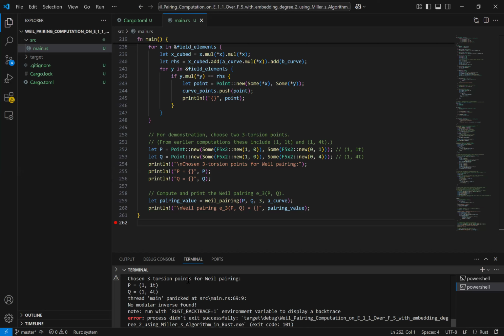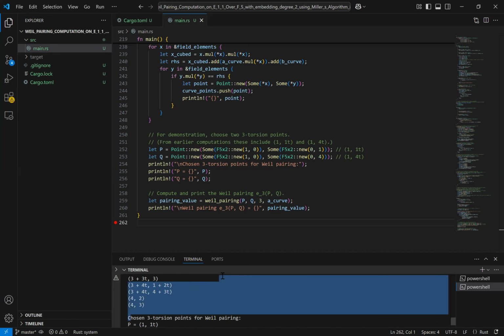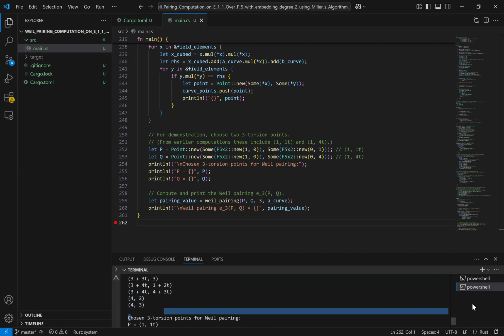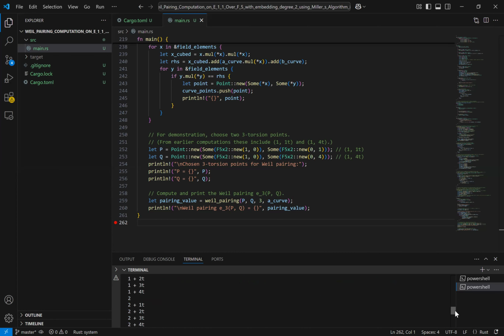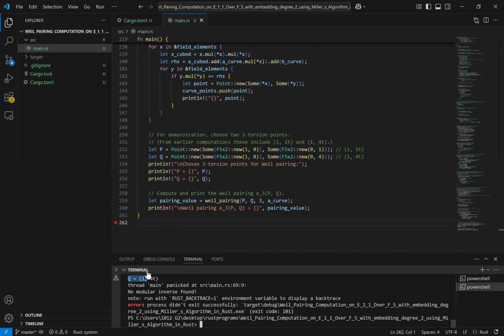Okay, first of all, it began by saying that the chosen points, the 3 torsion points... I began by asking it to give me points on the elliptic curve. So it gave me points on the elliptic curve. That was okay.